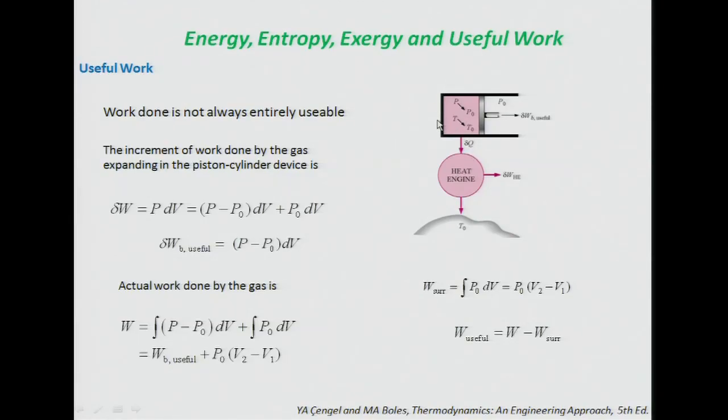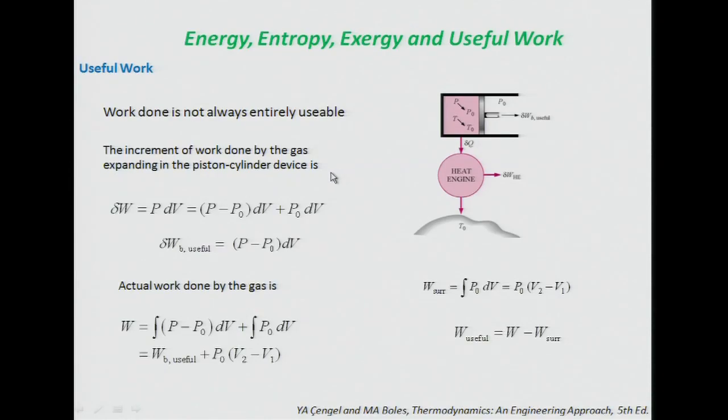And we can look at the work associated with this piston, and we can describe it as PdV work. So as the gas expands, it does work according to PdV, and it does work on the surroundings according to P naught dV, where P naught is the pressure of the surroundings here.